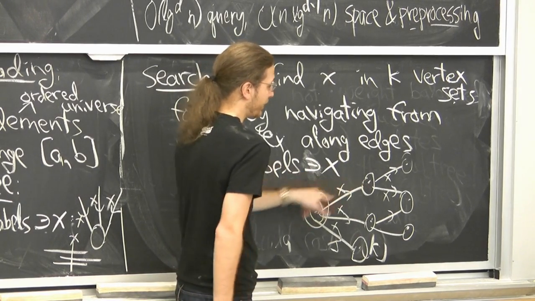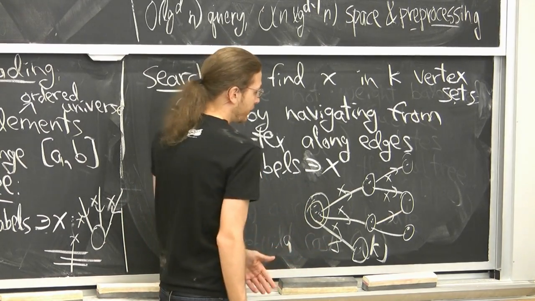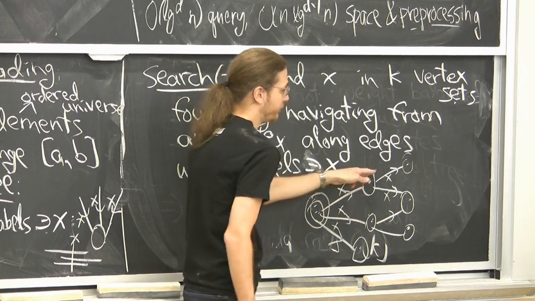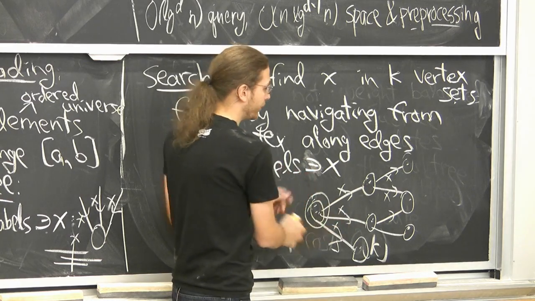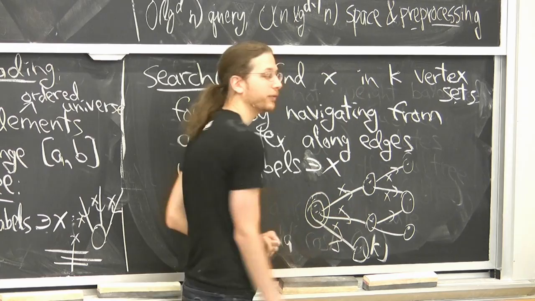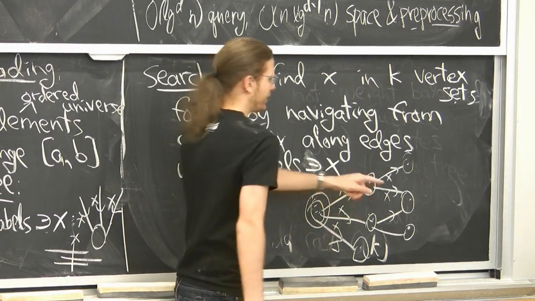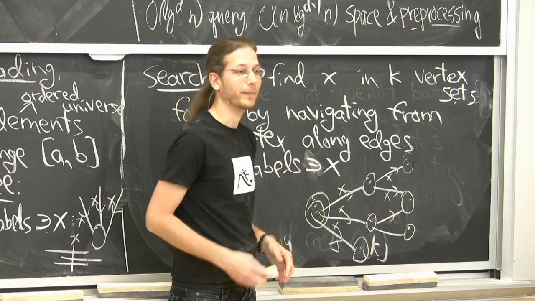Now these two guys are active, and now the adversary, the input, can decide, I'm going to follow this edge or this edge. It can build this tree in any order. And every time it says, here's the edge I want to follow, the fractional cascading data structure in constant time tells you where x is among all the items in that node.